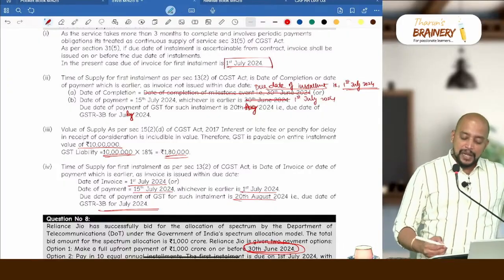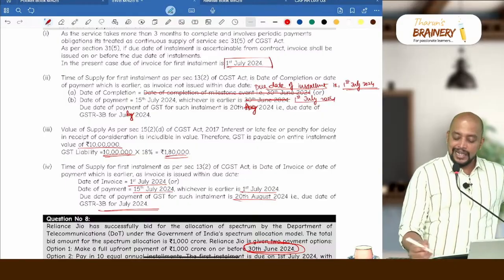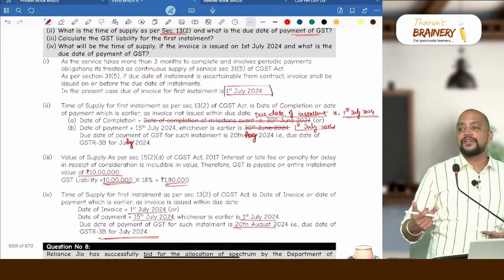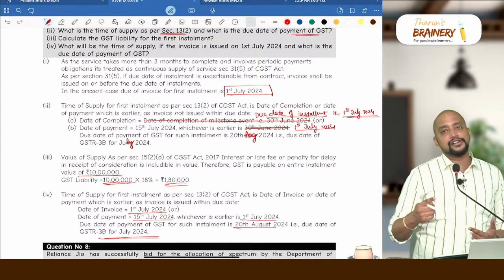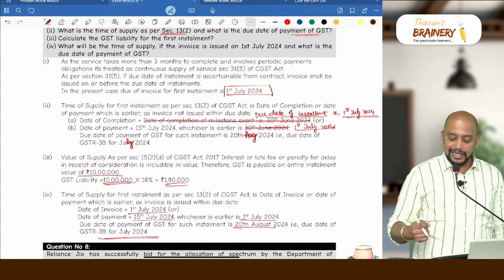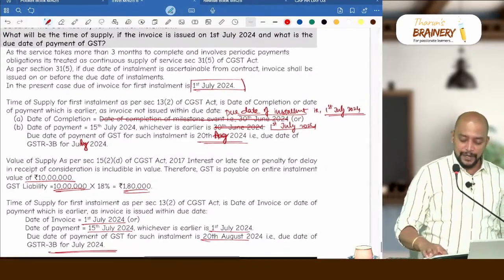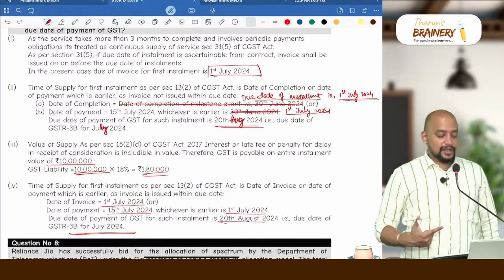What is the date of payment? 15 July 2024. Whichever is earlier, that is 1st July 2024. If 1st July is the time of supply, then what will be taken as the due date of payment of GST? Next month 20th, that is 20th August 2024, will be taken. Okay. Understood this? Then next one.